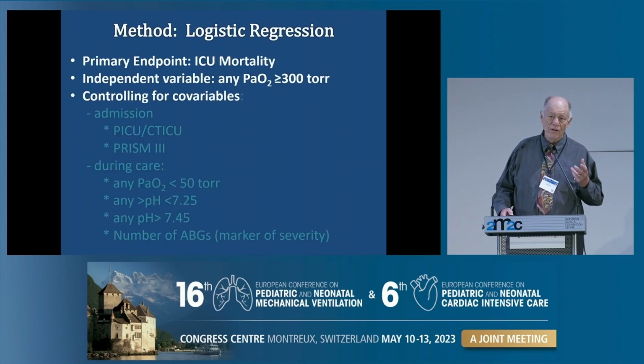Our method of analysis was a regression approach, a logistic regression, because we looked at ICU mortality as the primary endpoint. The independent variable was, as I said, this event of a high PaO2, and we controlled for other confounding variables, covariables.